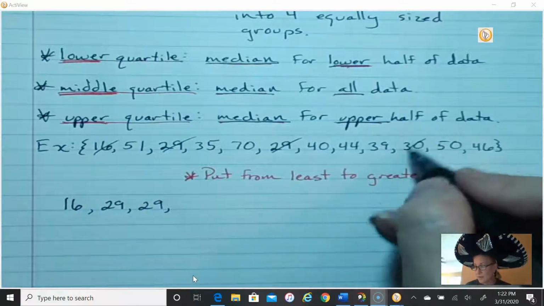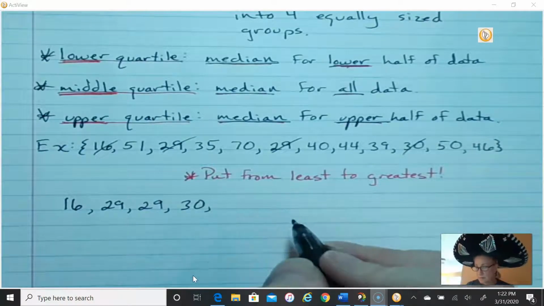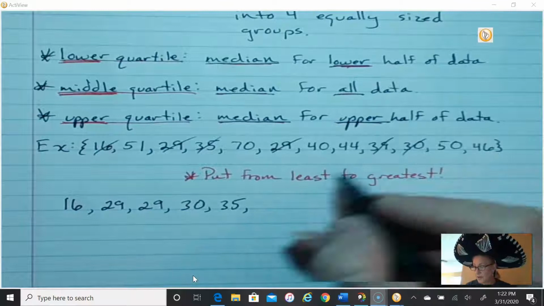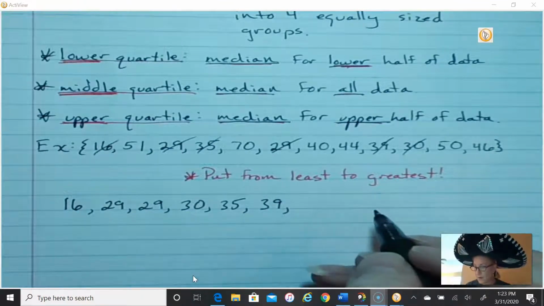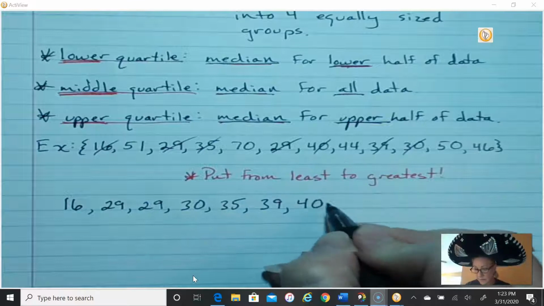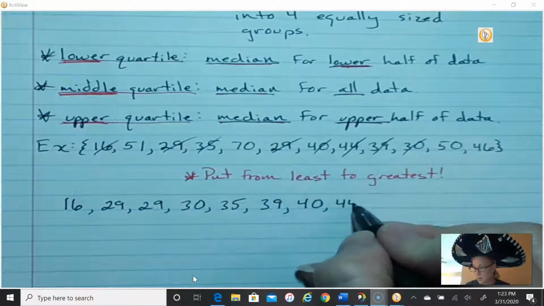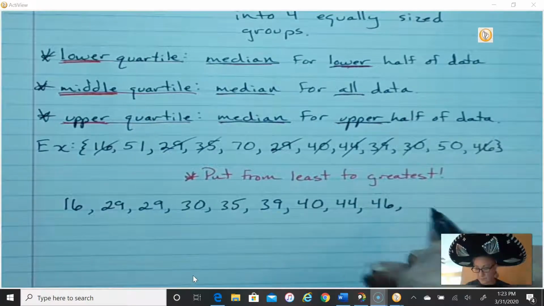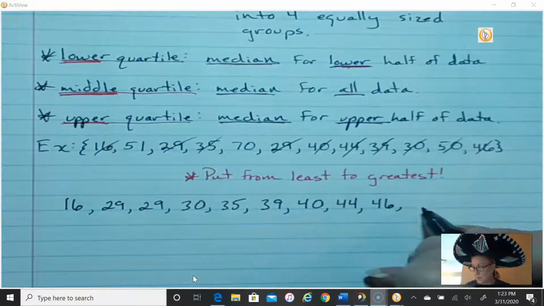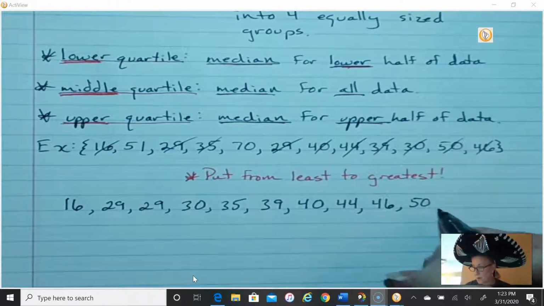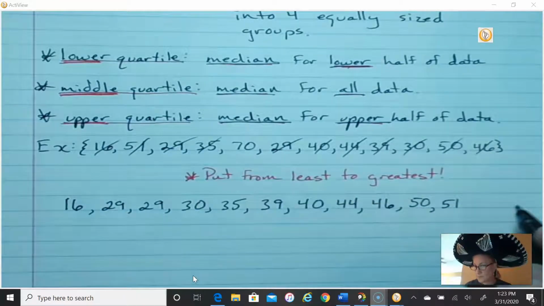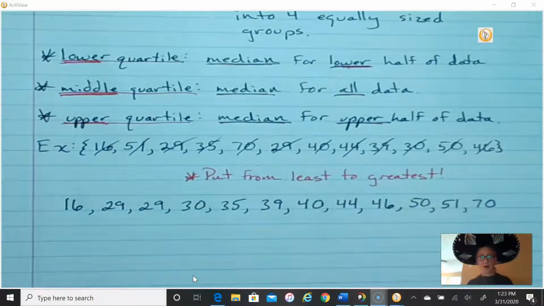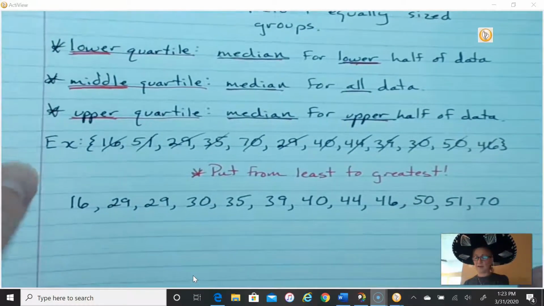And then 30, 35, 39, 40, 44, 46, 50, 51. And 70. Okay, so I now know I got all my numbers down there. Okay, so there's my data.